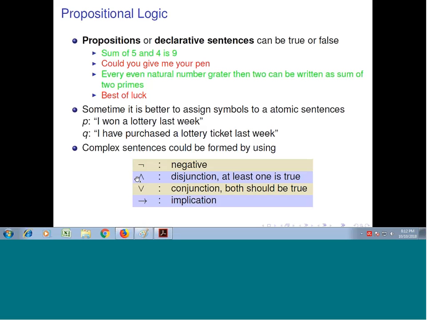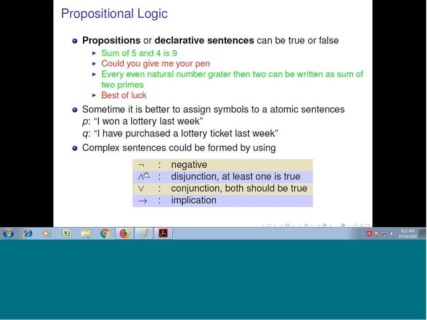P and Q means: I have purchased a lottery ticket last week and I won a lottery last week. So this is the and operation, the conjunction. Both should be true. I think there is a typo here. I'm just pointing this out; please correct it by yourself. We should take care of this, because typing mistakes can happen. I'm very sorry for that, but this has happened.